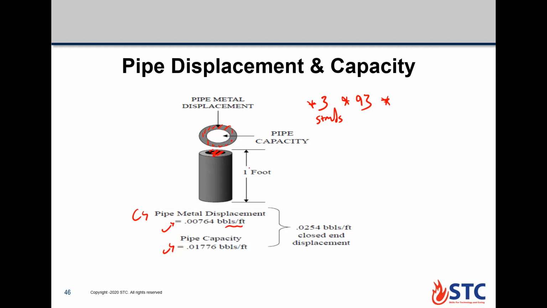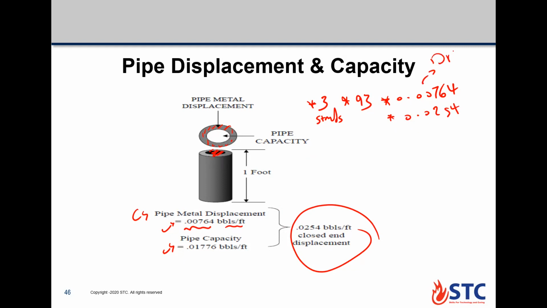If it mentions that you are dry tripping, you need to take only the metal displacement, this number, 0.00764. If you are in a wet tripping, you need to take the summation of metal displacement and pipe capacity, the close-end displacement, so you need to take 0.0254 to calculate. So this one for dry tripping and this one for wet tripping.